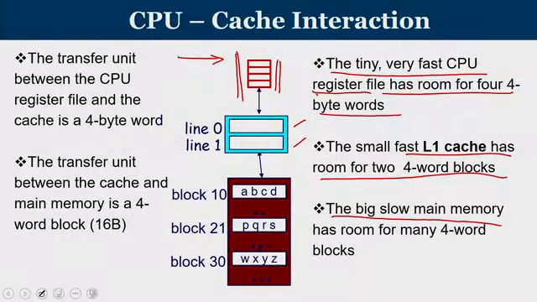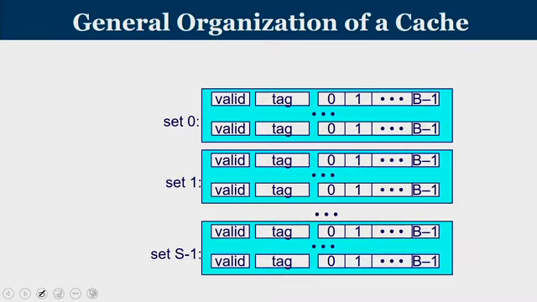Main memory is big, but it is slow. It has room for many 4 word blocks like what you have. And we have seen that the transfer unit between the CPU register file and the cache is 4 byte words, whereas the transfer between cache and main memory is 4 word blocks.